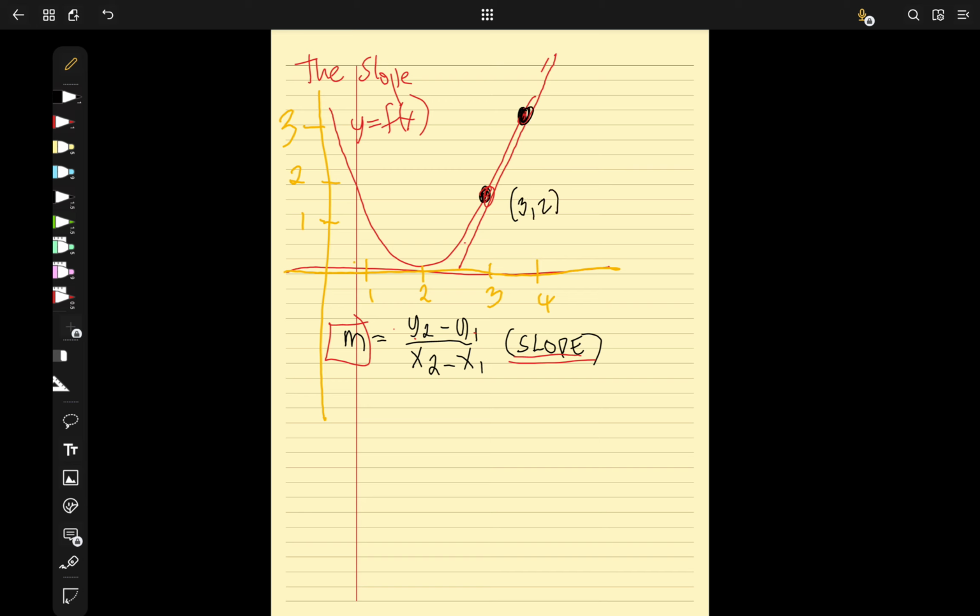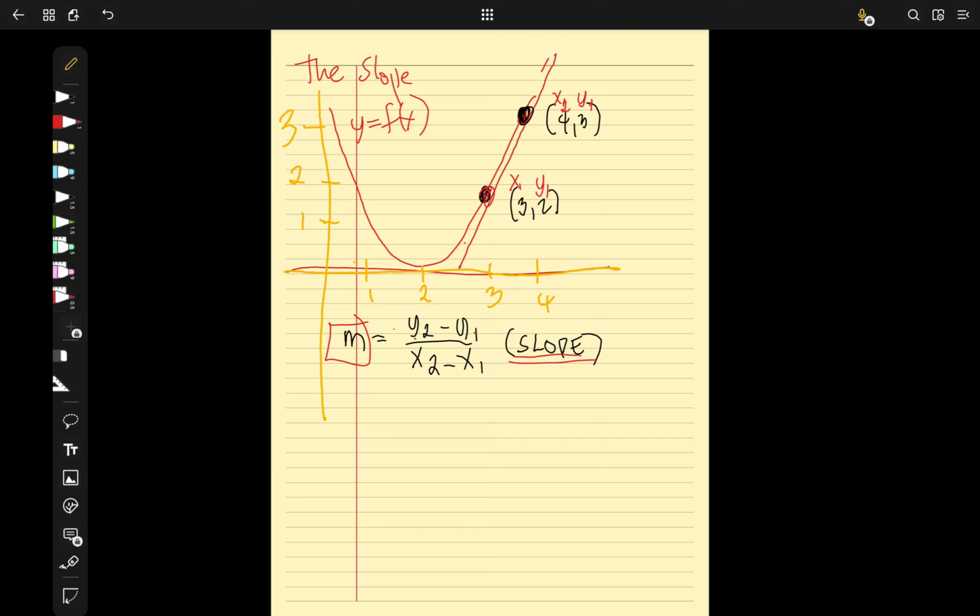So, gawin natin, this is your first x, this is your first y. This is your x sub 1, y sub 1. Let this be x sub 2, and let this be y sub 2. So, ginawa ko siyang from left to right na lang. So, let's substitute here.